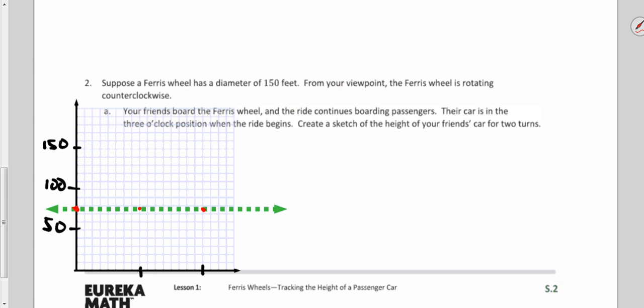Now, if it took 8 squares to get all the way around, how many squares did it take to get halfway there? 4 squares. And where is halfway there? How high am I? 75 again, right? But this time I'm not going up. I'm going down.